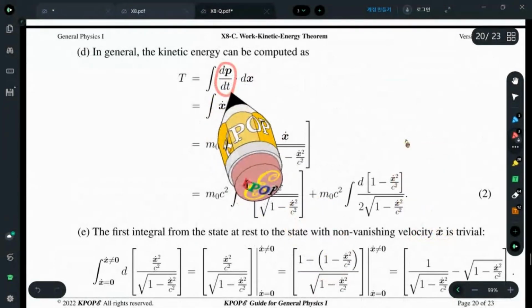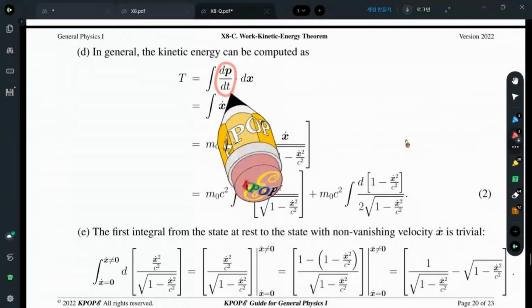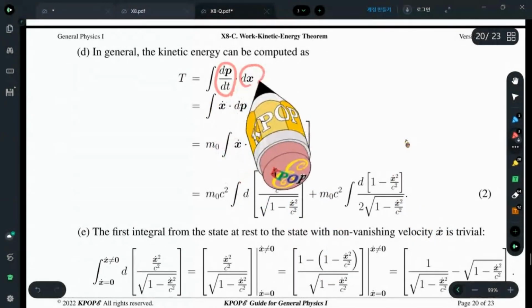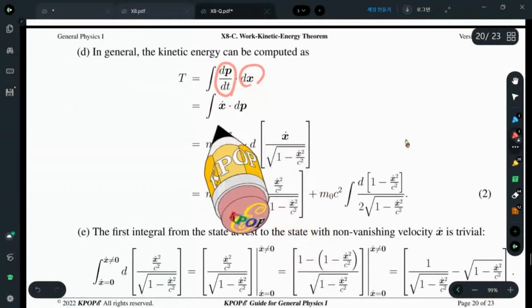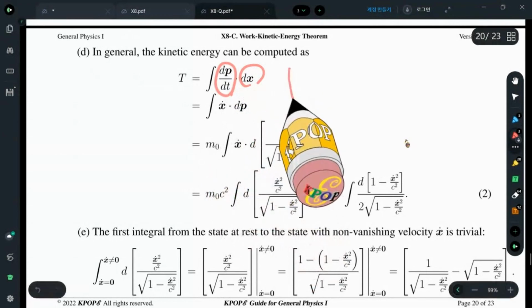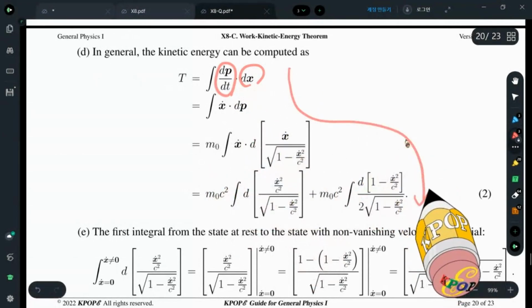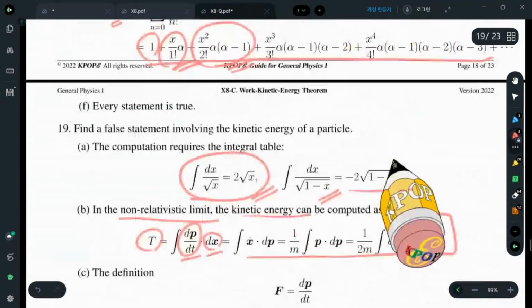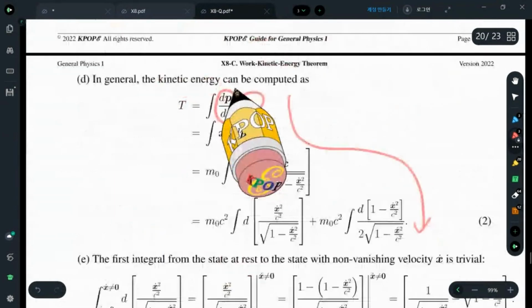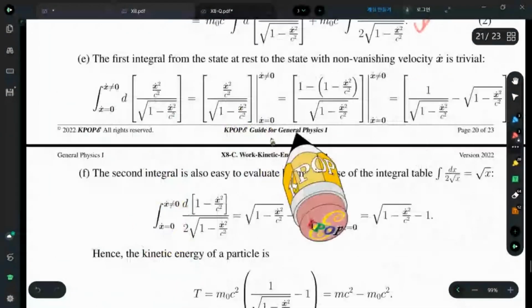Force, this works even in relativity, and displacement. And in here, you can follow this calculation using the formulas that we have already derived.